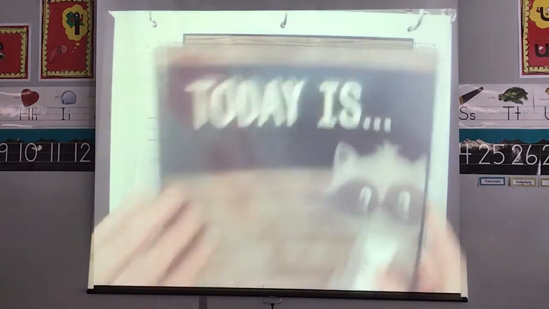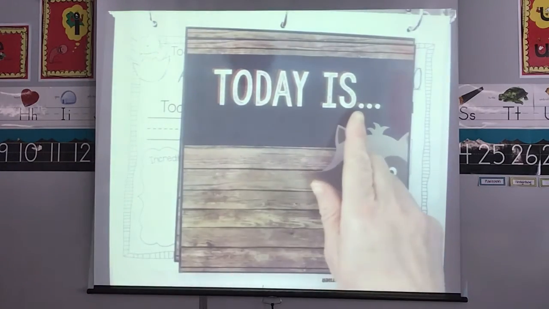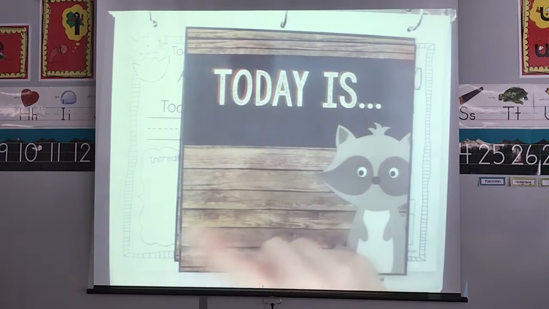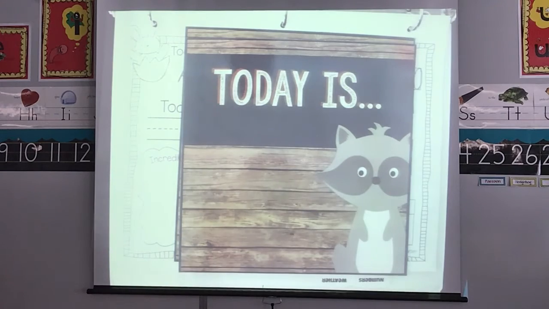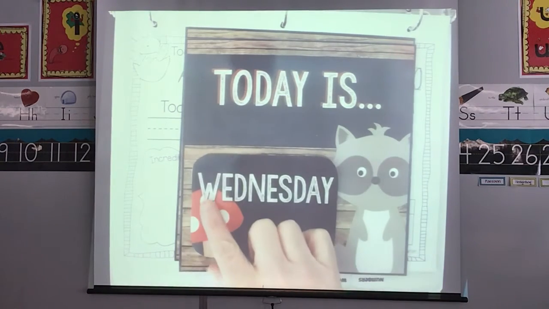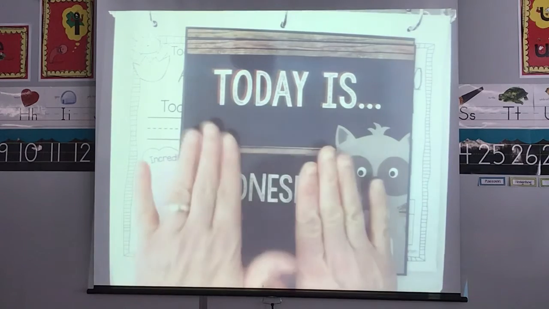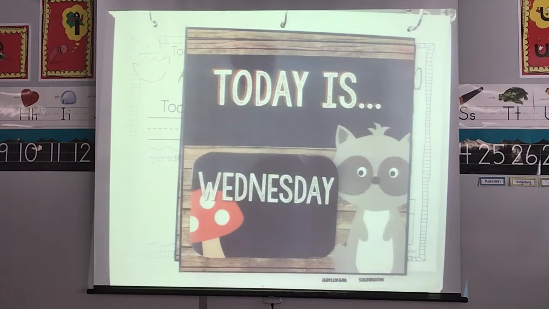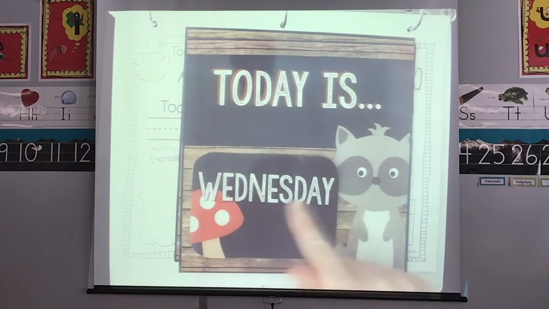So that would mean today is, there's Sunday and there's Monday, there's Tuesday and there's... that's right, Wednesday. Remember, Wednesday. That will help us when we're spelling it and trying to remember how to spell it. Wednesday. So today is Wednesday.